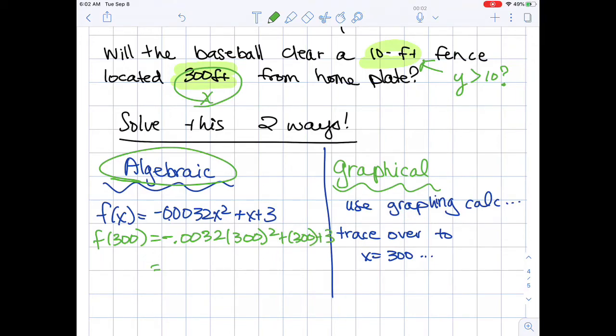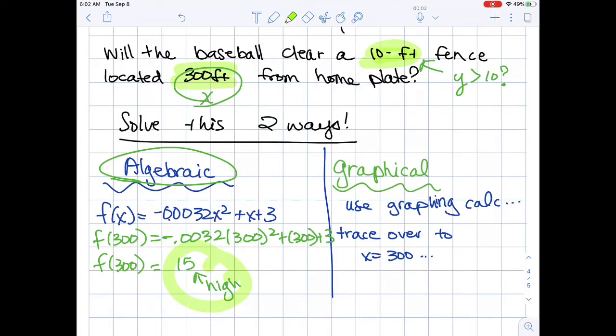And if we work all that out, we get a value of 15. So what they're saying is, okay, at the value of x equals 300, the y value is 15. What does that mean? Well, when the ball is 300 feet away from home plate, it'll be 15 feet tall or high. Well, in that case, we know if it's 15 feet high, looking back here, it's definitely tall enough to clear the fence.